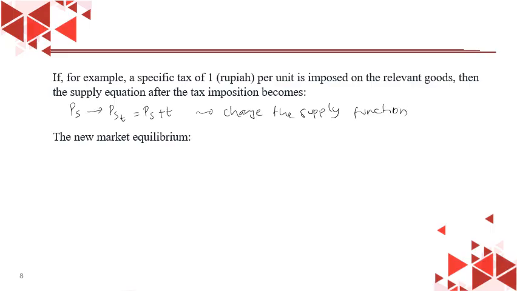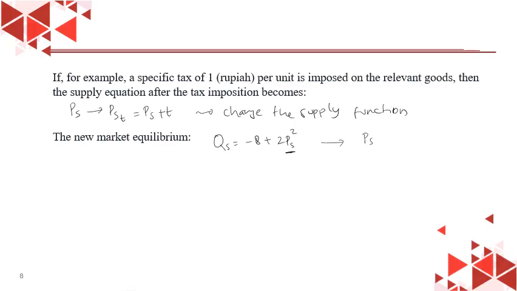The supply function that we have here is, wait a minute, I forgot what our QS is here. QS is minus 8 plus 2p quadrat, correct? Okay, so now we have to change the PS over here to the PST.